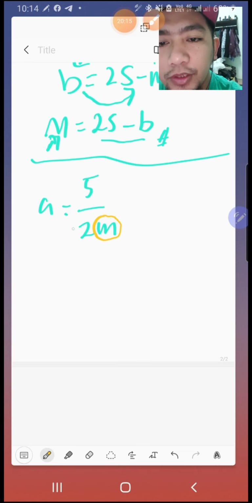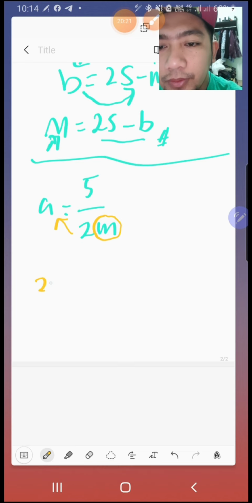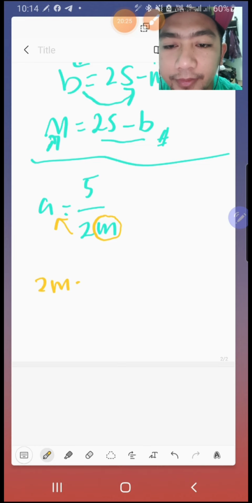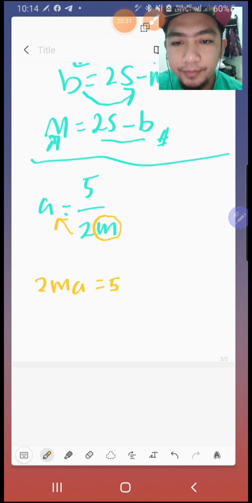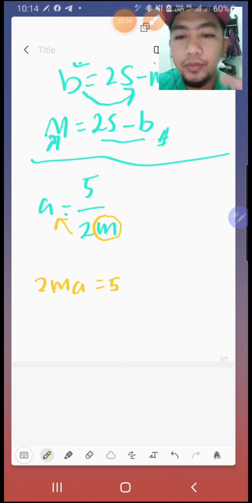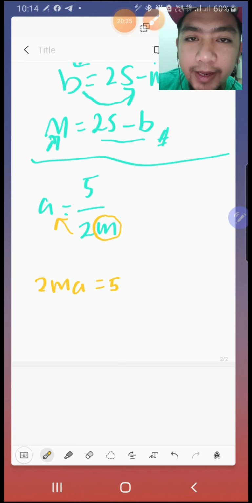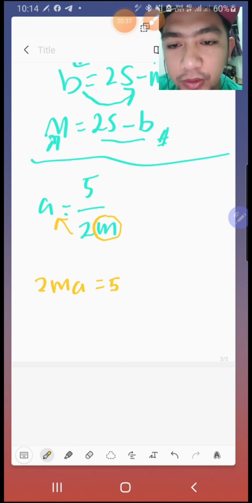That means you need to bring it to the left. Okay, so 2m minus 2m times a, equal to 5, right? So now we need to find the m only as the subject of formula.